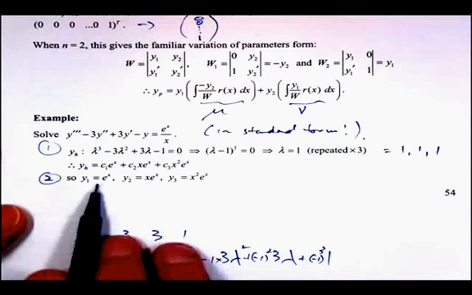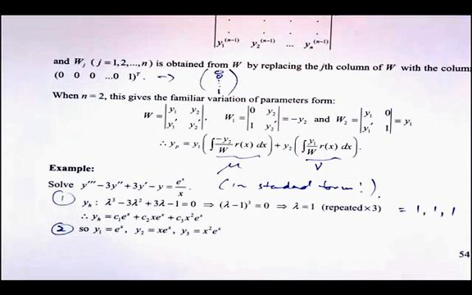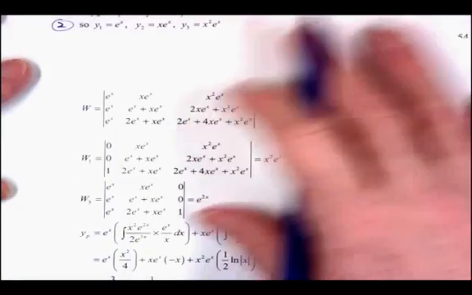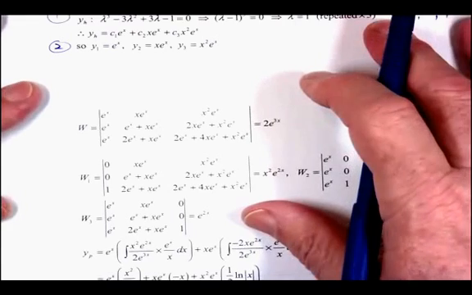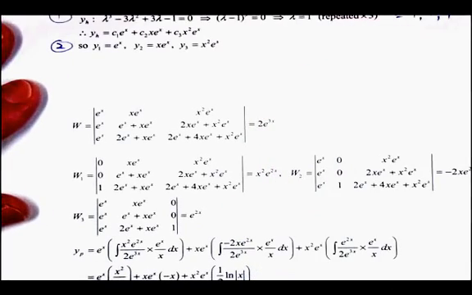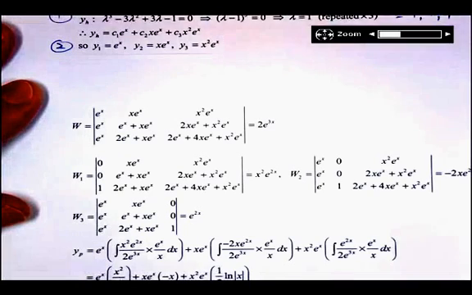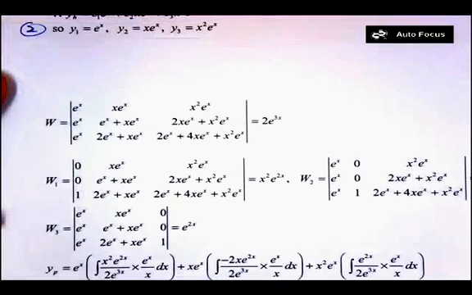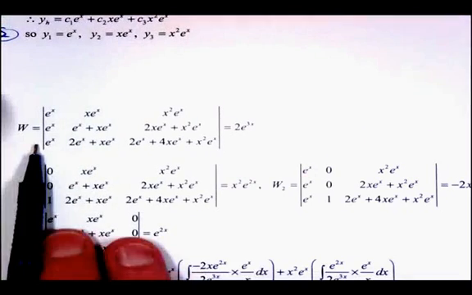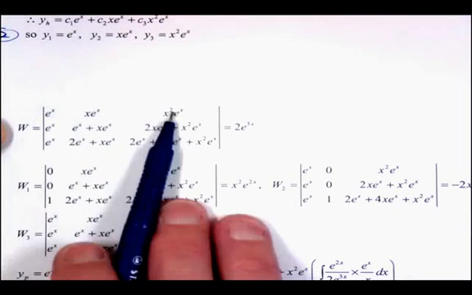We've got our individual terms. We figure out the Wronskian by writing each across here.